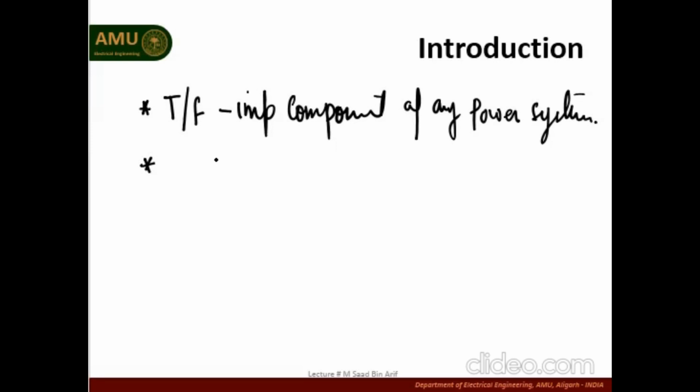So in a transformer also we use different types of cores, and through those cores we link two electrical circuits, which then helps the voltage and current levels to be changed, keeping the power invariant. So this is the beauty of a transformer. We can change the voltage and current level, keeping the power invariant. That is, the power will remain the same, although you can change the voltage and current rating.